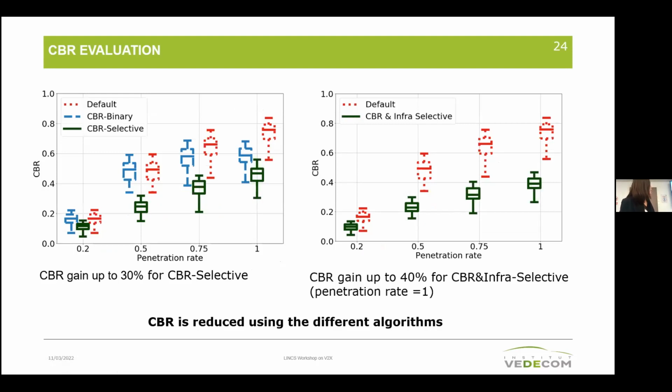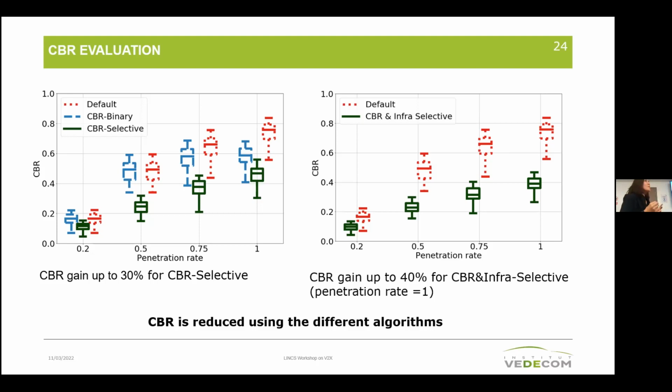Finally, the CBR, channel busy ratio. CBR selective and CBR selective infrastructure can reduce the CBR. What was surprising was CBR binary. It is quite an aggressive algorithm, where you either send or not send, whereas with CBR selective we select the contents.